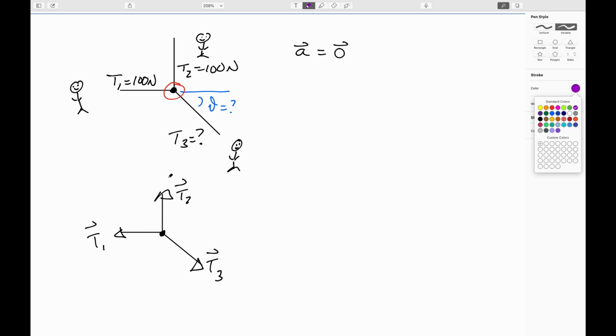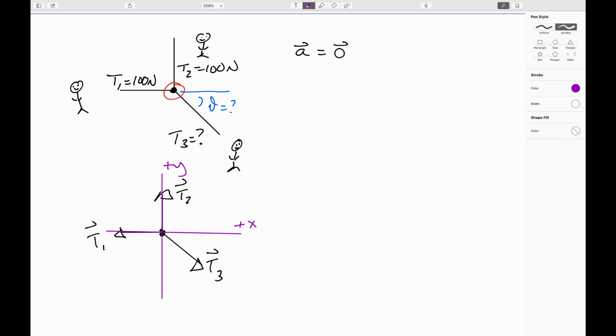Now, whenever you are looking at a Newton's second law situation, you are free to choose the coordinate system. In this case here, the up, down, right, left choice makes the most sense. And this is just because it minimizes taking components.